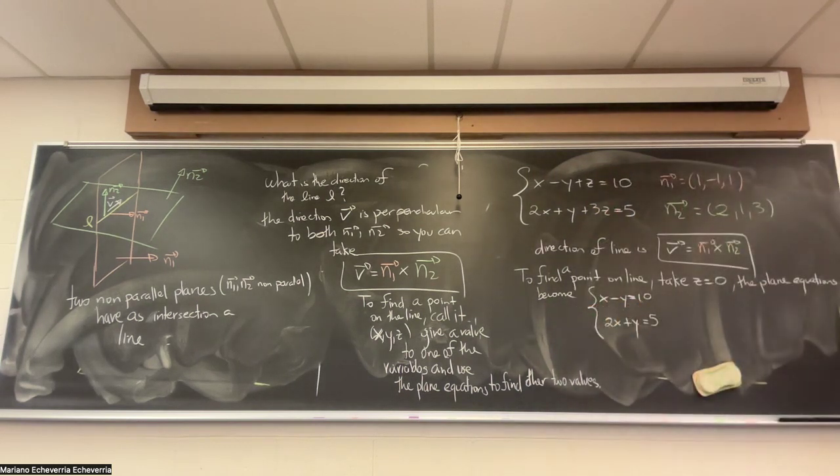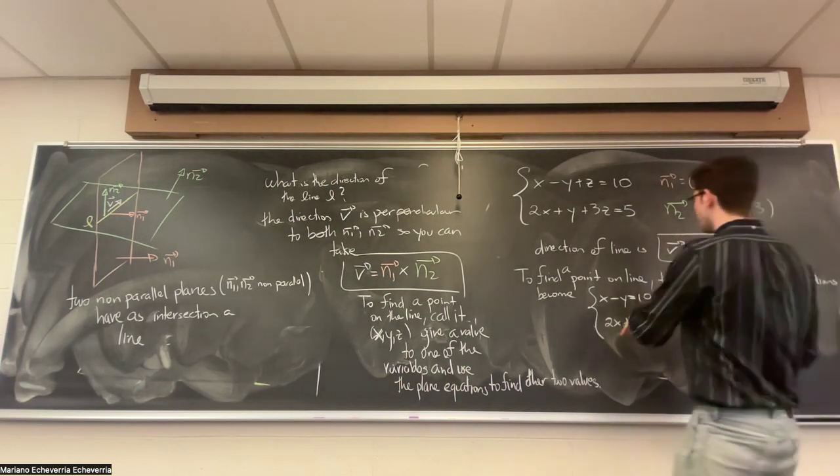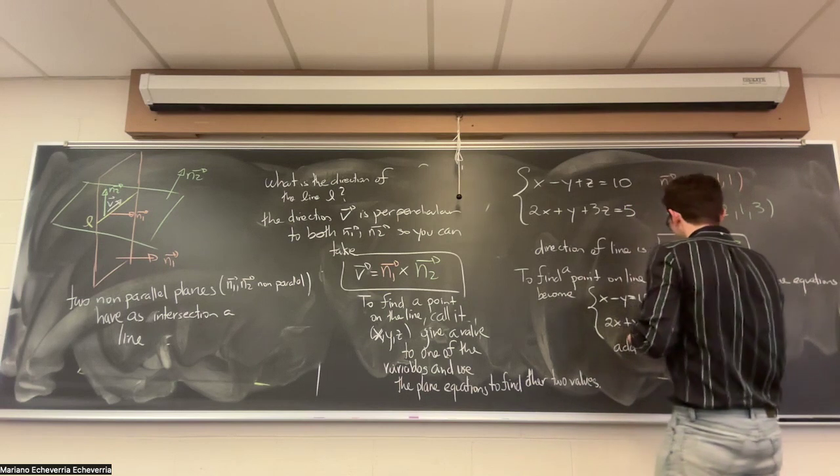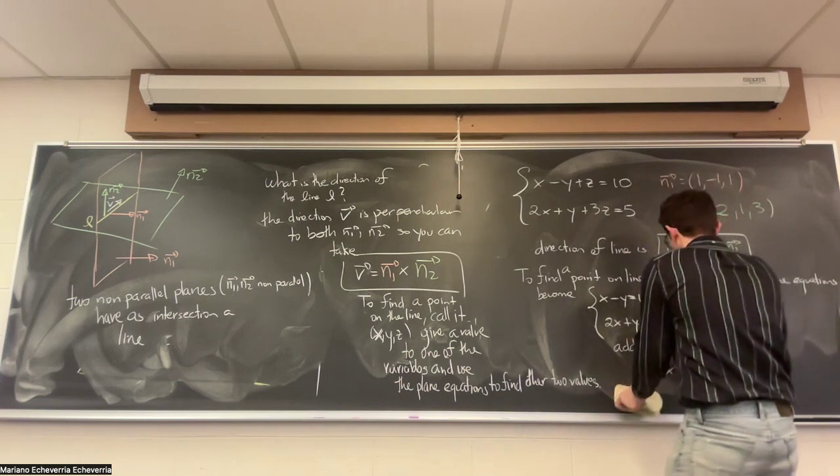And then how do you solve this system? It's the same as solving for x and y. For example, one way to solve this system is to add the equations. If you add them, you get 3x equals 15, right? So x equals 5.